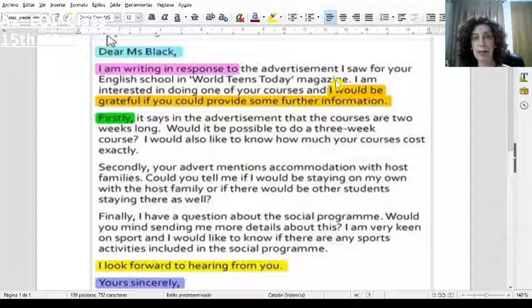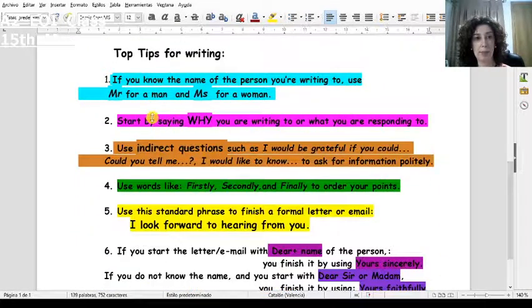El primer párrafo siempre es the reason why. I am writing in response to your advertisement. En respuesta a su anuncio o a su carta, ¿vale? Or I'm writing to ask for information, ¿vale? The reason why. A purpose. To is infinitive.